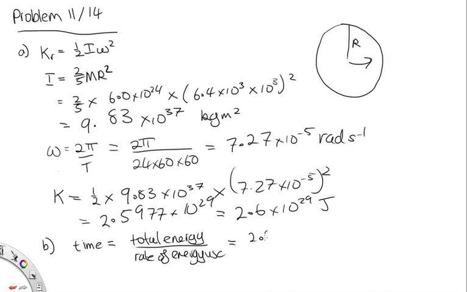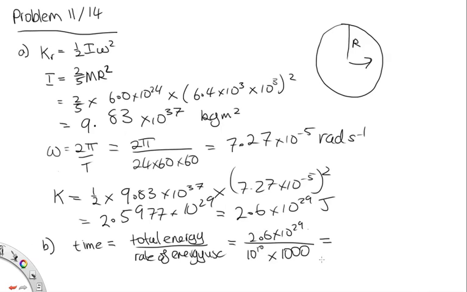So this is 2.6 times 10 to the 29 divided by the rate of energy use. So we're told that there are approximately 10 to the 10 people on Earth and that they are using 1 kilowatt. So that's 1,000 watts.